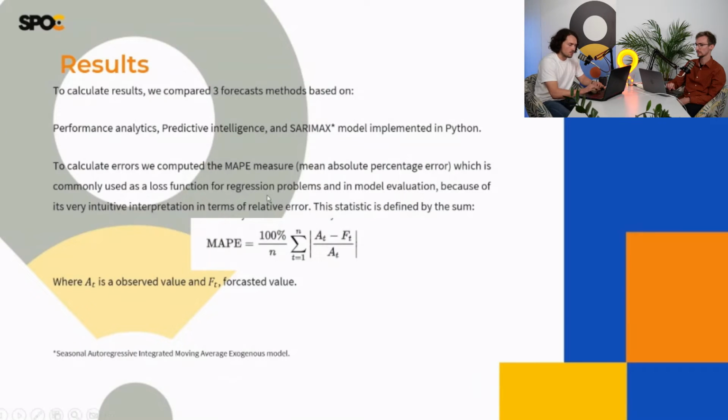It's quite easy to understand what it means that the model has, like, a 12% MAPE error. It's more or less like the accuracy at each and every point. So let's say that the forecast value is like 100. Then plus or minus 12% is the expectation for the actual result.